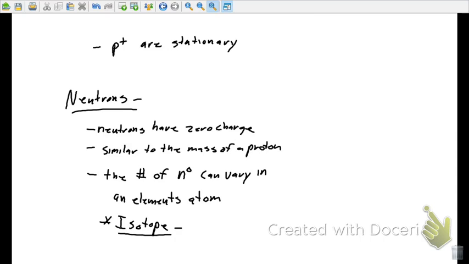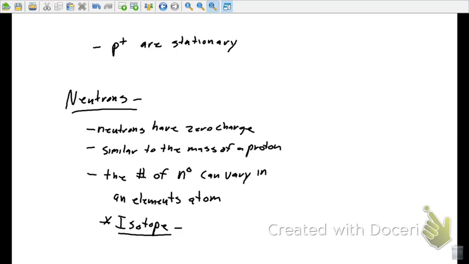An isotope has a different number of neutrons within a particular element's atoms. So we can have different numbers of neutrons in atoms of the same element.